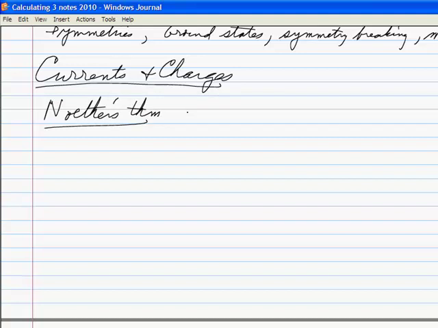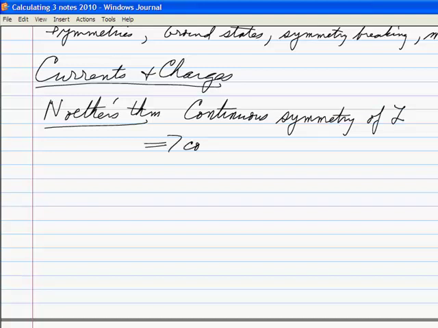This theorem says that for every continuous symmetry of the Lagrangian, there's a conserved charge and a conserved current.